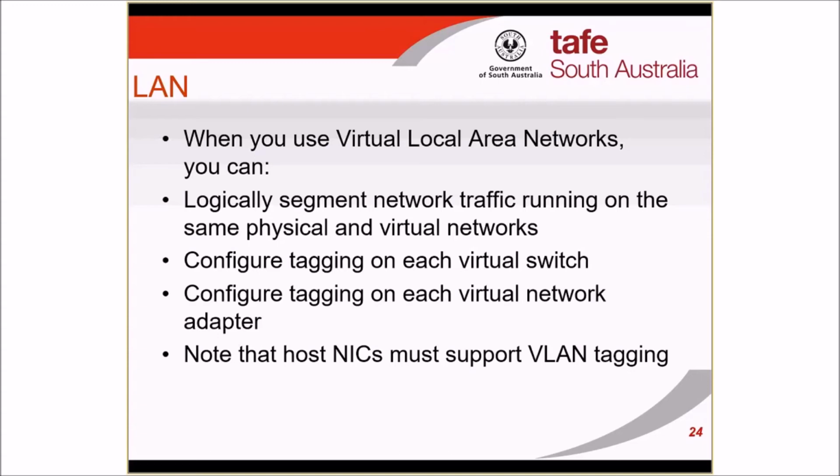In order for us to have VLANs from the virtual world and the physical world come together, these physical network cards have to be connected to a physical switch port which has been configured as a trunking port. You'll learn more about trunking ports in your Cisco subjects and also in our virtualization subjects in the future.